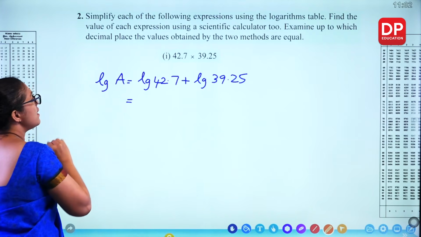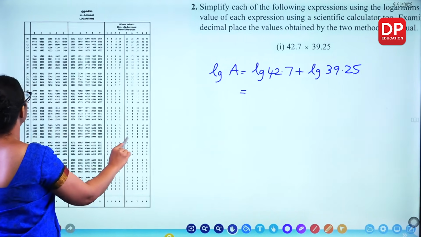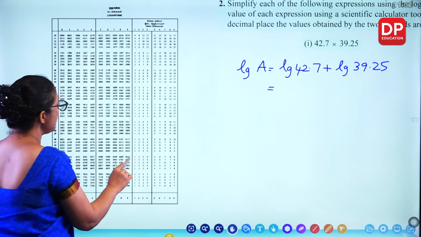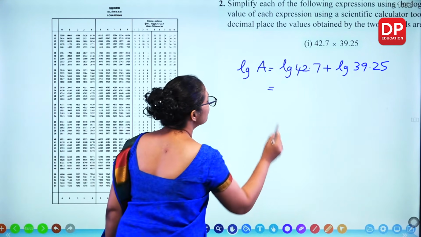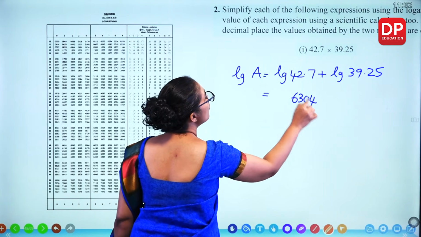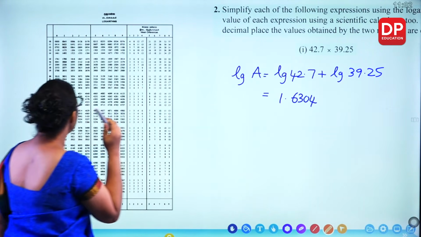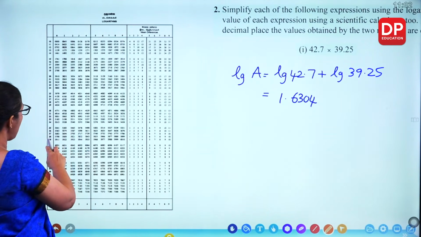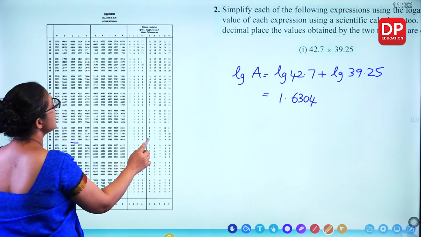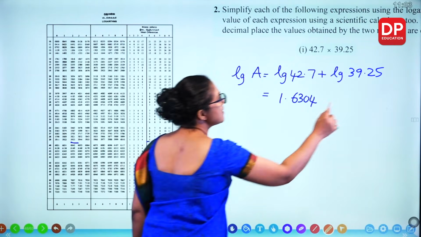Then refer to the table. 42.7 is 63.04, and the characteristic is 1. 39.25, 5 is 5, so 59.38.